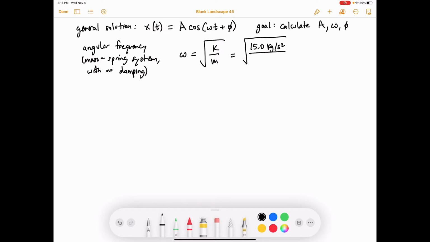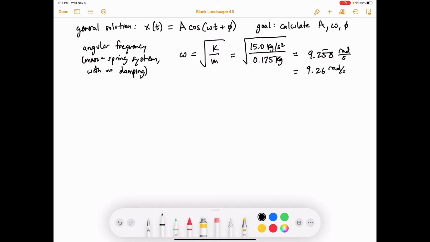That's the same as a newton per meter. The mass is 175 grams, or 0.175 kilograms, which gives us omega equals 9.258. The units will be radians per second. We'll round that to 3 sig figs, so 9.26 radians per second.